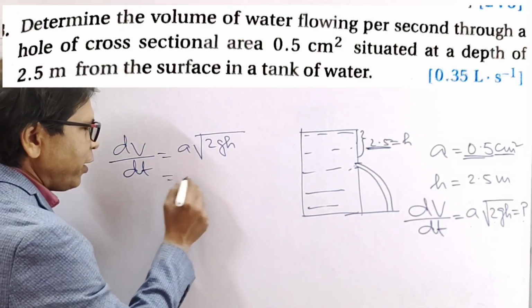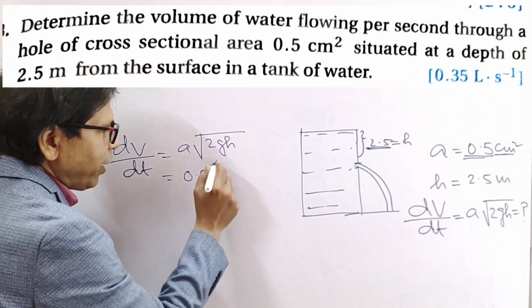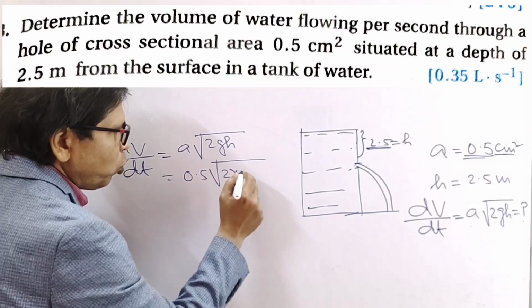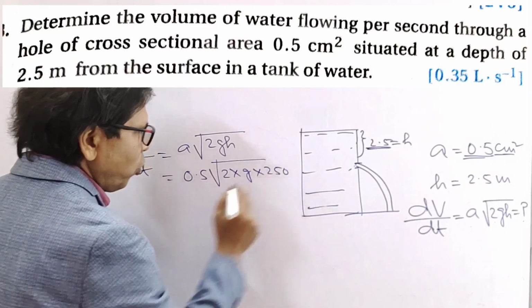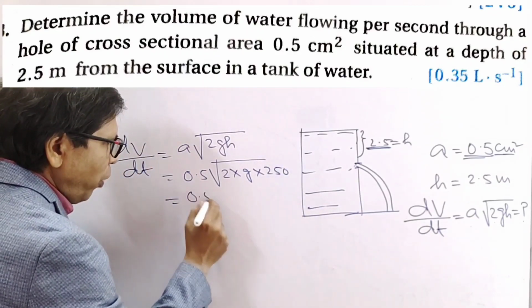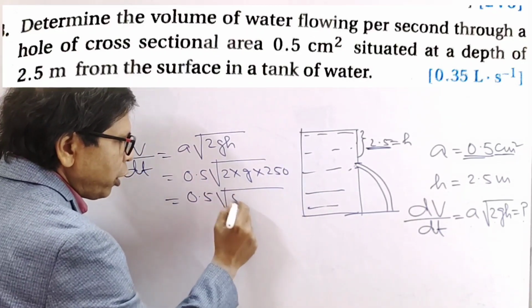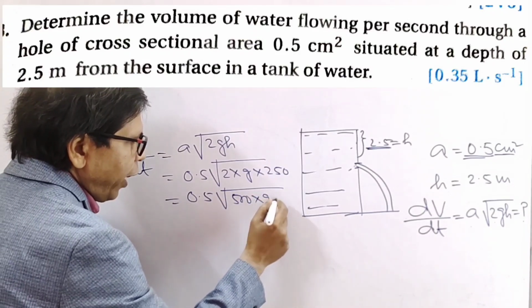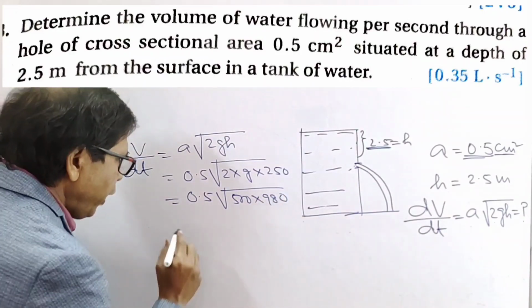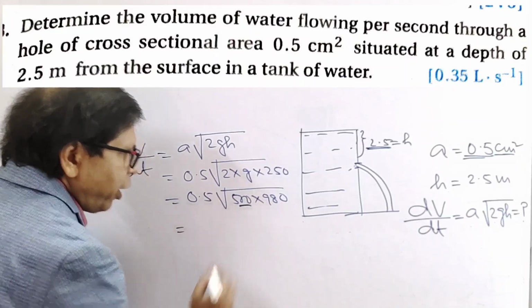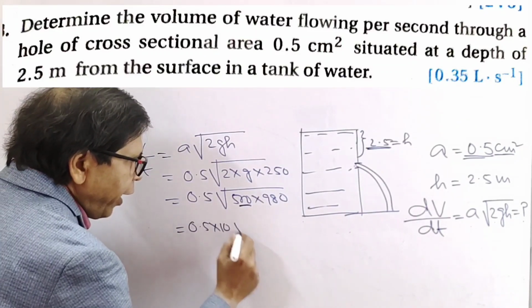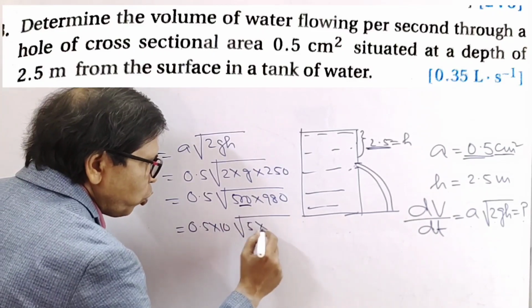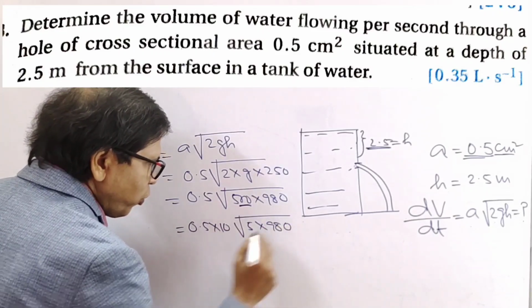So look at this, this is 0.5 and this is 2 into g into 250. So this is 0.5 into 500 into 980. Now this is 10 and this is 5 into 980.